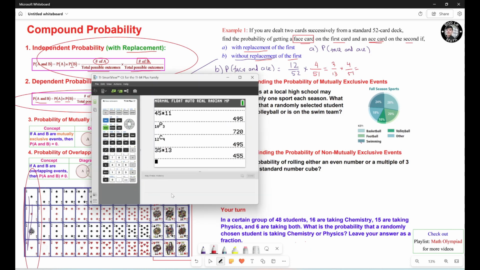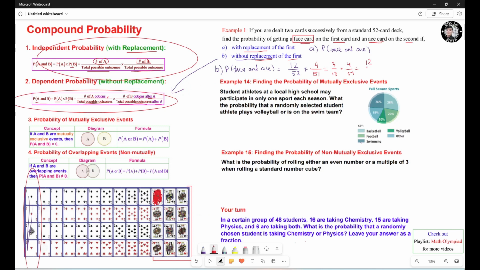So 13 times 51 is 663, and the top, 3 times 4, is 12. So 12 over 663. Now we need to simplify. Divide the top and bottom by 3. So it should be 4 over 221. And this is the answer for question B.